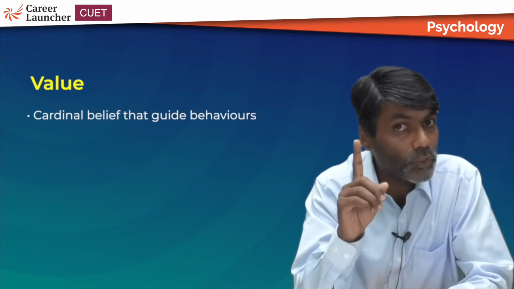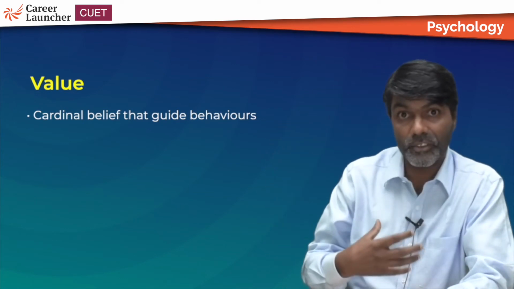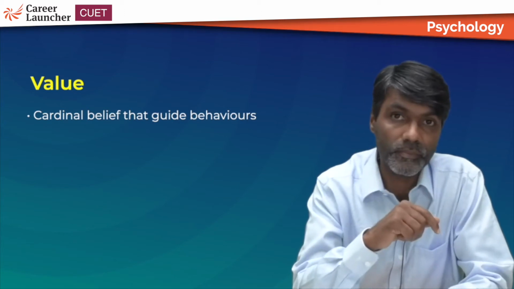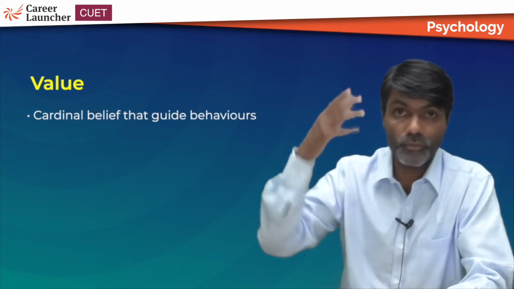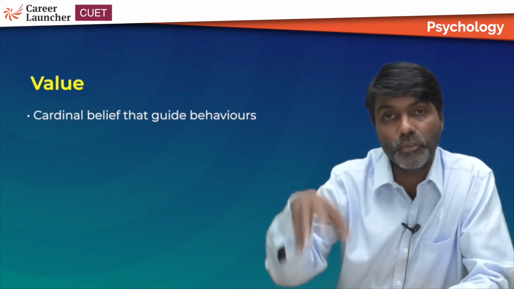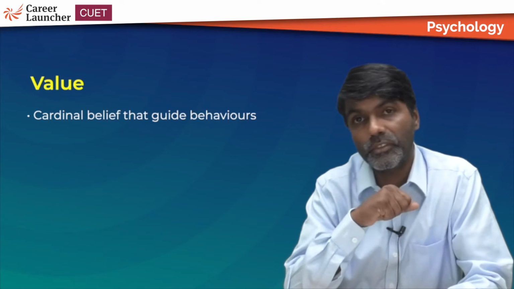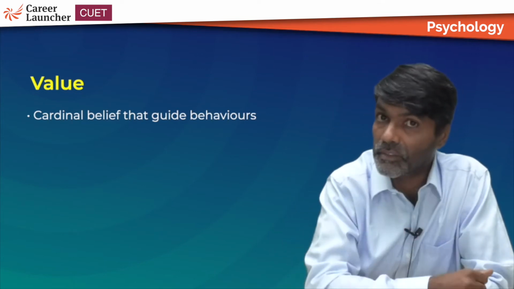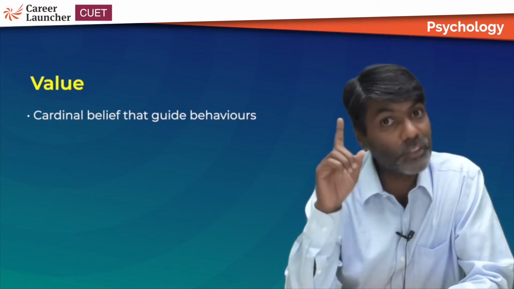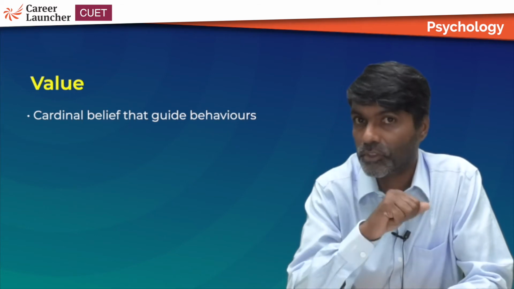What is the value that he personifies? It is ahimsa or non-violence. Take another example. We've heard a story from our ancient Hindu literature, scriptures. Raja Harishchandra never told a lie, so his value was of speaking the truth.